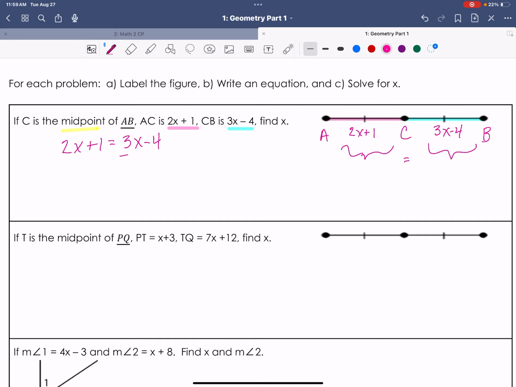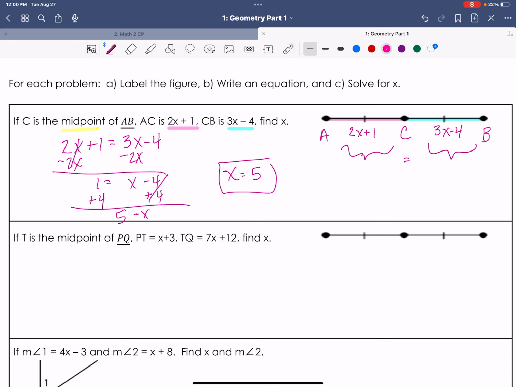So I'm going to subtract 2x over here. That cancels. You got 1 equals x minus 4. Add 4 over here. Or you can combine all those and do the same steps. Either way works. And then you're going to get x equals 5. So in this case, x equals 5, and that is your answer. So you can keep it that way, or you can keep it here.